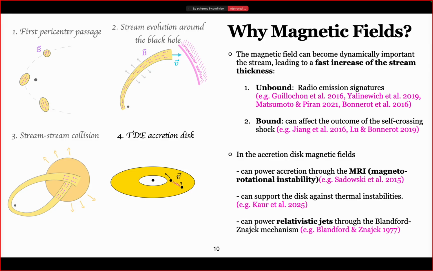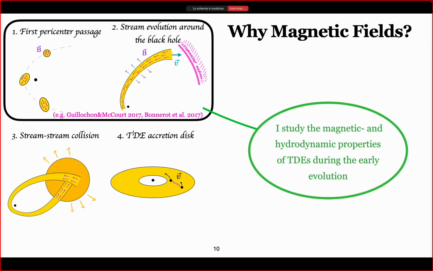I have been focusing on the early part of the evolution, until the stream comes back to pericenter or near pericenter. I've been using both simulations and a semi-analytic model to characterize the magnetohydrodynamic properties of the stream.